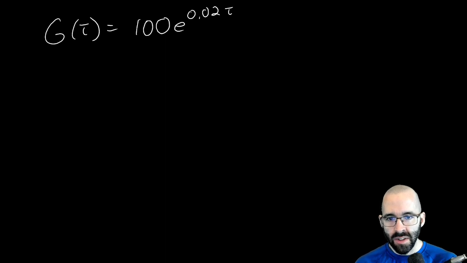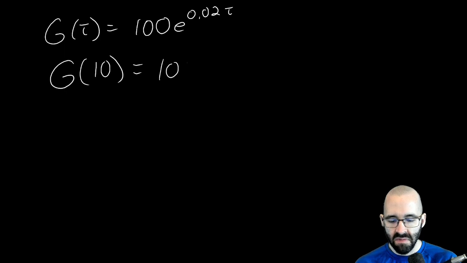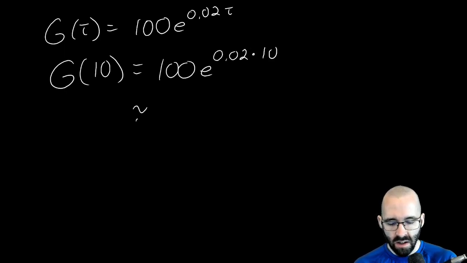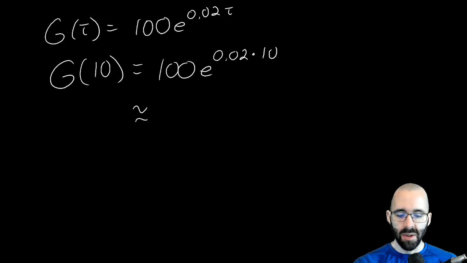All right, and it wants us to know how many are there after 10 days. Just plug in 10, like so. And let's see how many flies there's going to be. Too many. That's probably going to be the answer.